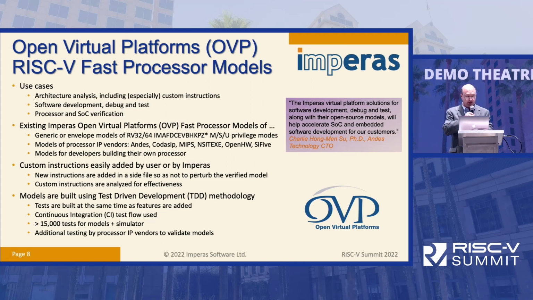The custom instructions are easily added, and the models are built using a test-driven development methodology. So we build tests at the same time we build features into the model. We use a continuous integration flow and, as I said, a large number of tests for the model and simulator. And then there is additional testing by the processor IP vendors to validate our models of their cores.